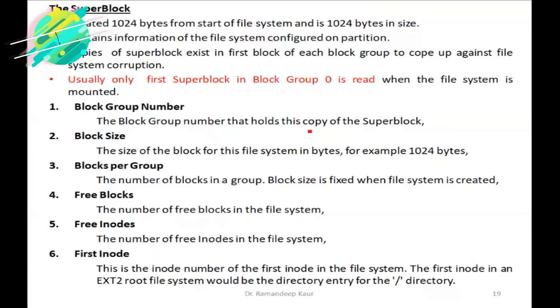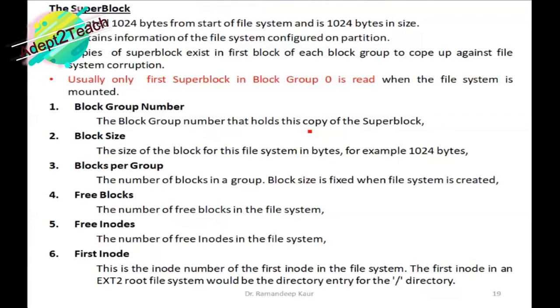After block group 0, the super block and block group descriptors will not be read again until there is a problem like a system crash or some failure. So if the super block from block group 0 was not read, that means block group 0 was not available, then it has to move to the next group.